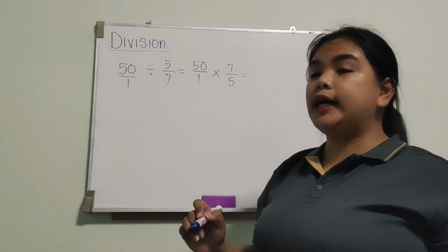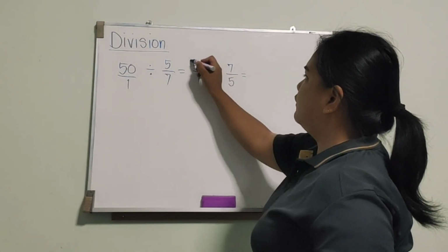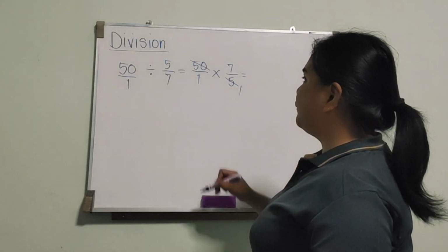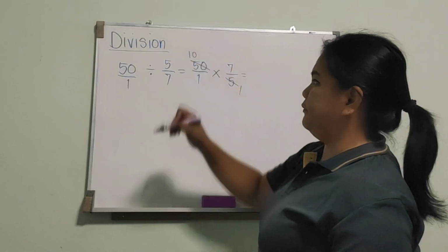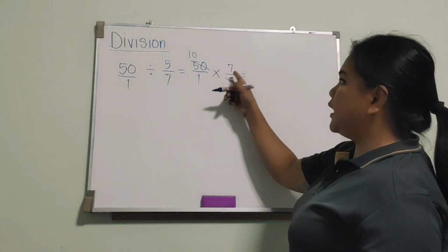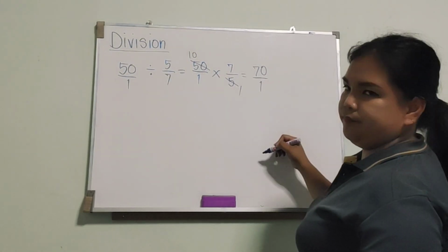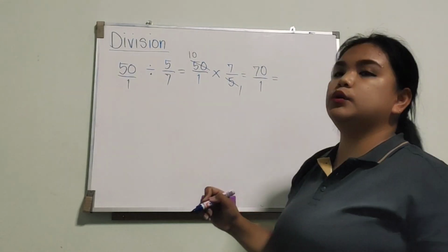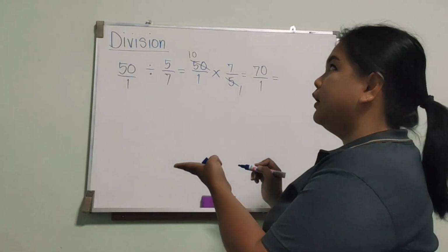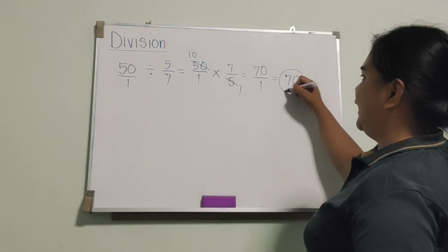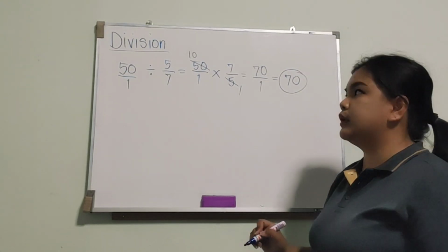Now, which one can we cut? Yes, we can do 50 and 5. 5 becomes 1, 50 becomes 10. 10 times 7, you will get 70 over 1. If you are going to change it into a whole number, you will just write 70. That is the answer.